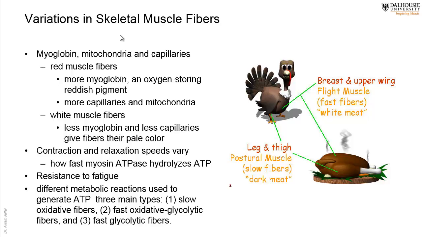Not all of them are fast contracting, not all of them have a lot of myoglobin. There are variations in the types of muscle fibers, depending on their content of myoglobin, their resistance to fatigue, and the way that they extract energy, either from glycolysis or from the oxidative pathway.